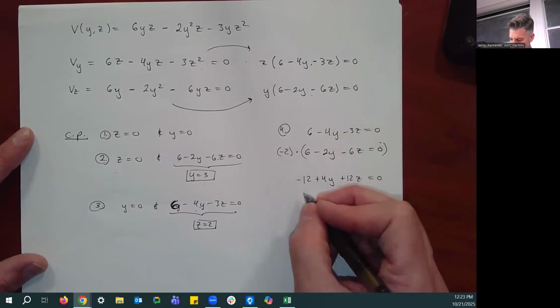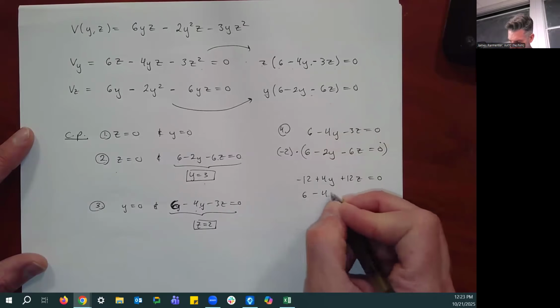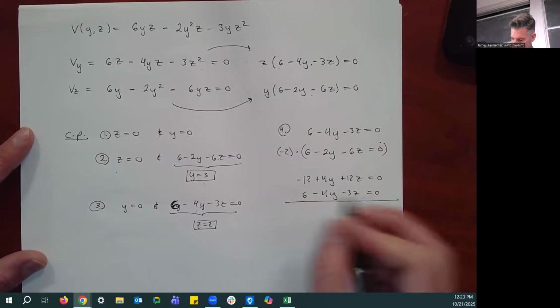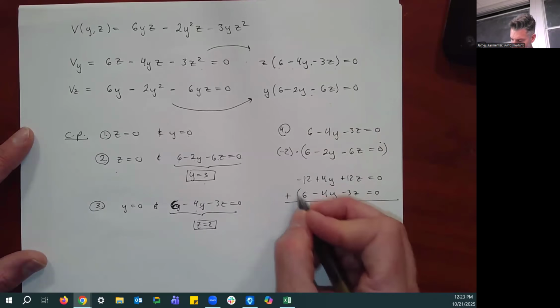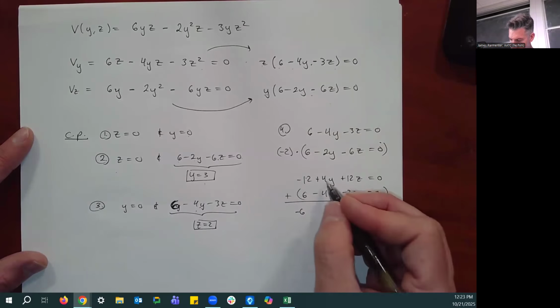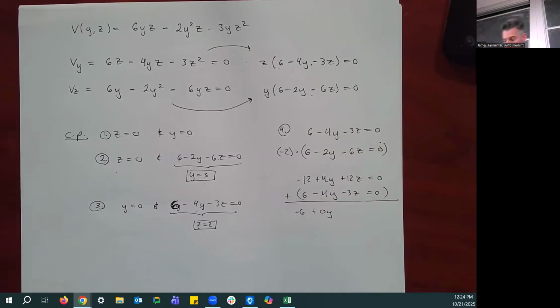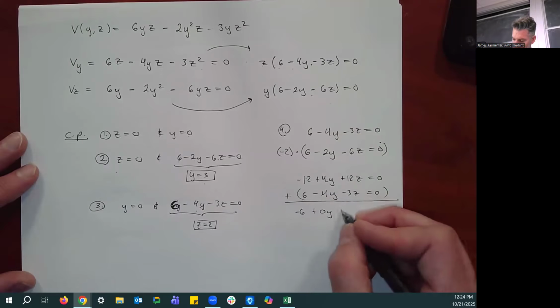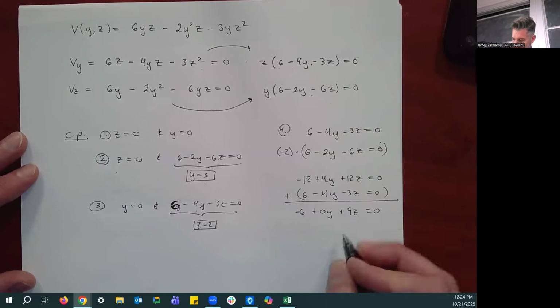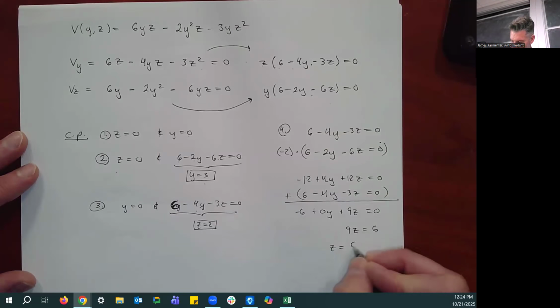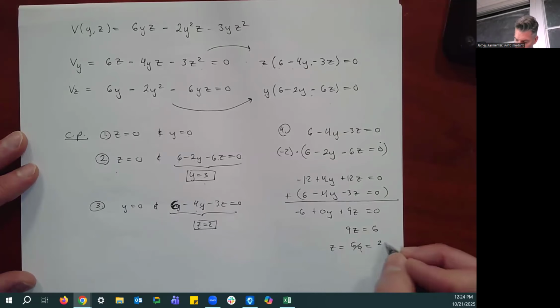And then I take this other equation, 6 minus 4y minus 3z equal to 0, and add them together. -12 plus 6 is going to be -6. 4 plus -4 is going to give me 0y, which is why I multiplied it by -2 in the first place. And 12 plus -3 is going to give me 9z. So we're going to get 9z equal to positive 6. Z equal to 6 divided by 9, which reduces to 2 divided by 3.